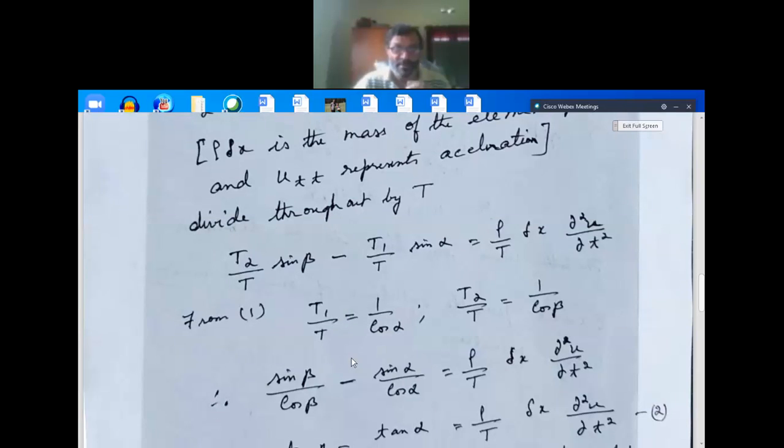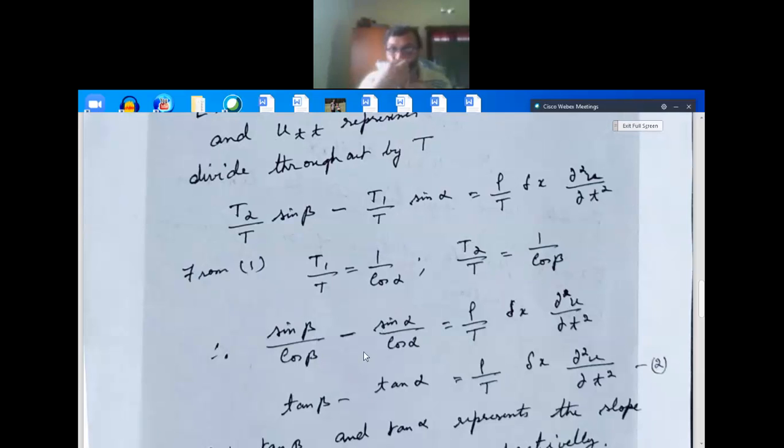So in total it will be sin beta by cos beta minus sin alpha by cos alpha equals rho by T delta x into dou squared u by dou t squared.